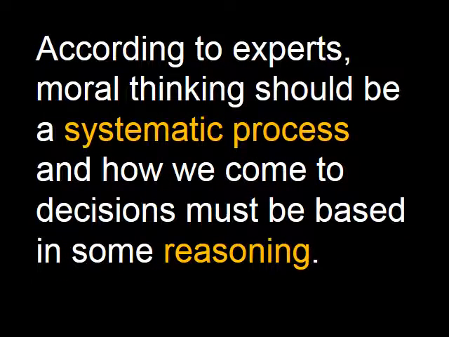Now, according to experts, moral thinking should be based on some systematic process. We need some systematic process, some broad formula, a framework, a model. And we can use a process to come to decisions based on reasoning. So what I want to do is introduce you to some decision-making models that help you with your reasoning and your decision-making.